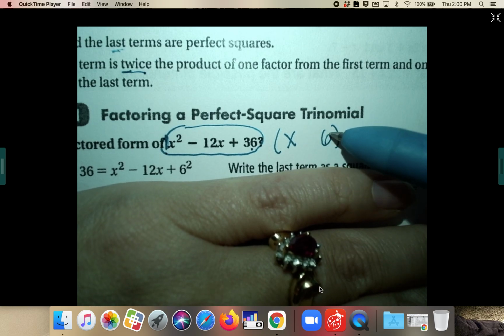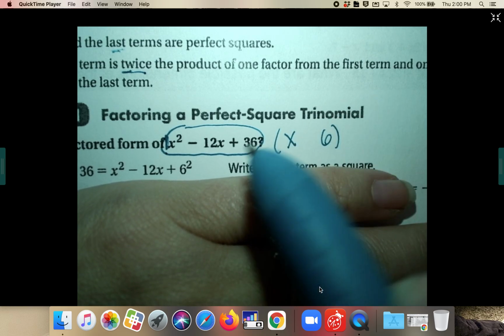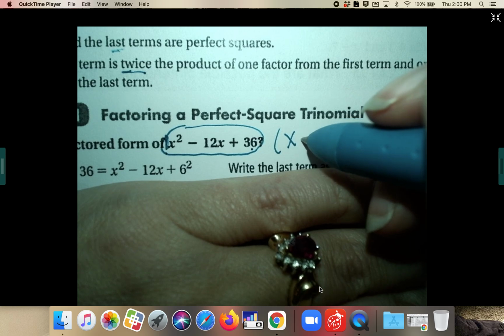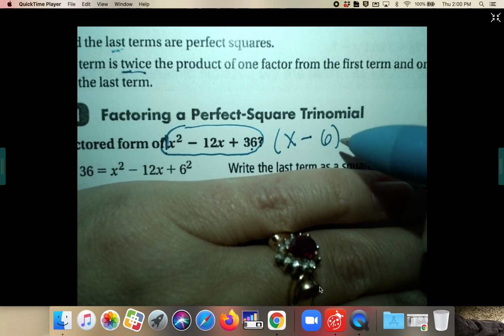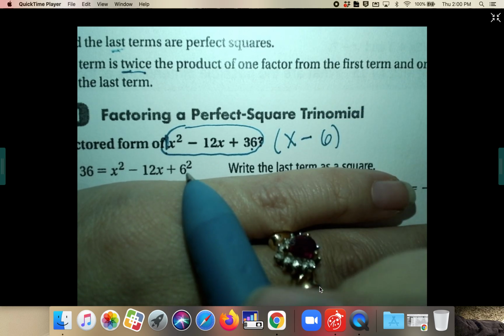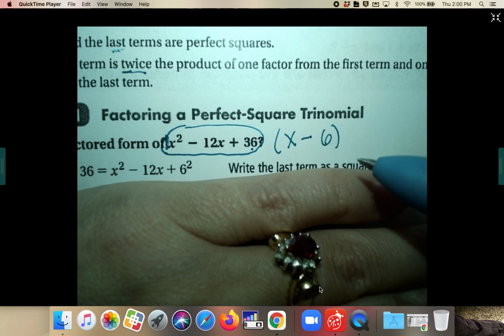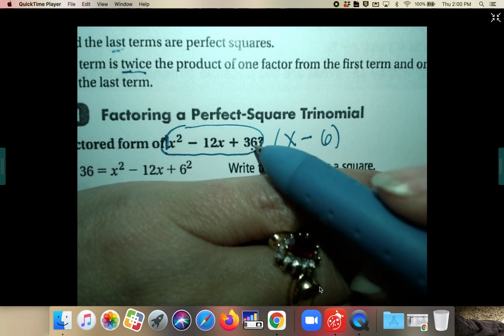So 6x doubled is 12x. If you can right away see that, and know that this is actually a minus 12, that should be a hint that negative 6x doubled is negative 12. And what do you get when you multiply negative 6 times negative 6? You get a positive 36.